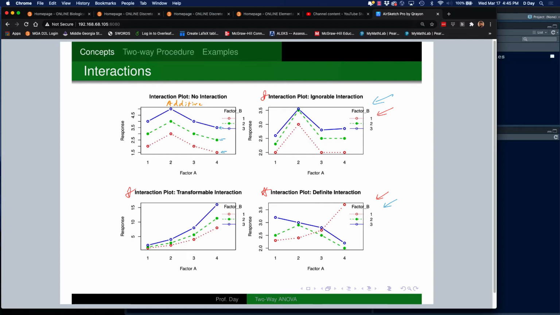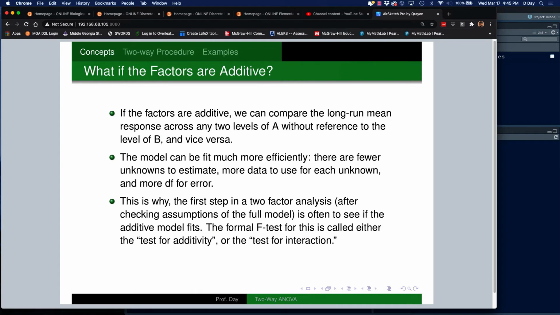You can see if the means are significantly different between those levels of B. And so we can separate them, which is nice. All right, that's what we'd like to be able to do. Because of this, we can fit this model more efficiently, and it's actually stronger in this case. There are fewer unknowns to estimate for our testing procedure. Not that we're doing that per se, the computer is going to do it for us.